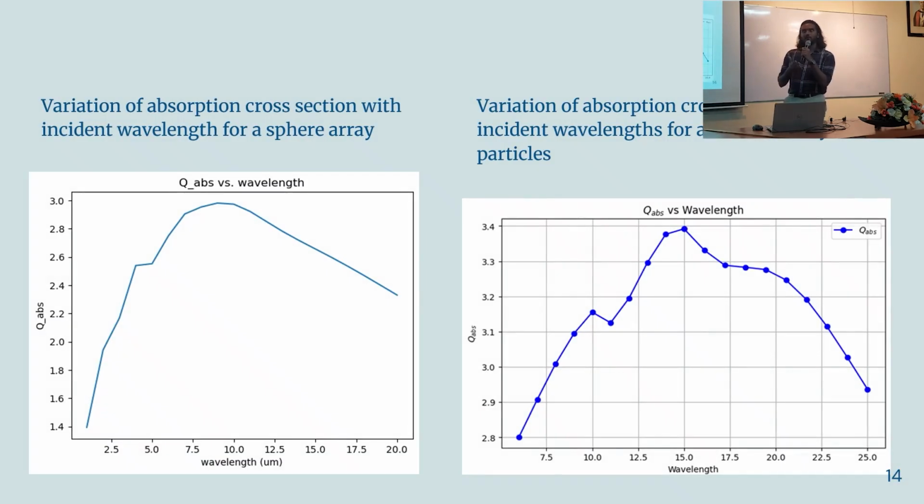When simulating an array of spheres, the data was once again similar to that of a single sphere, but I proposed that simulating an entire array of particles would better describe the real material. Having a single sphere not surrounded by anything is not a good approximation for a real material. Other particles around it would influence the way light gets scattered.